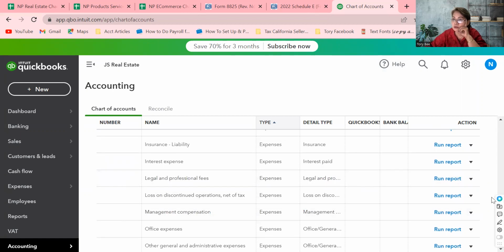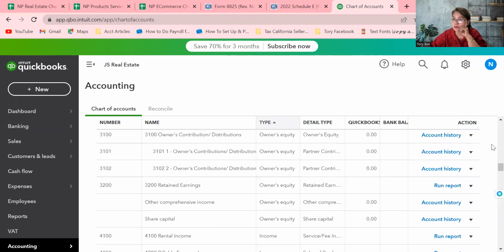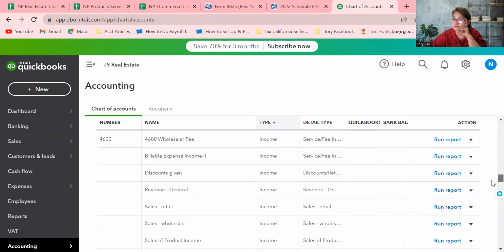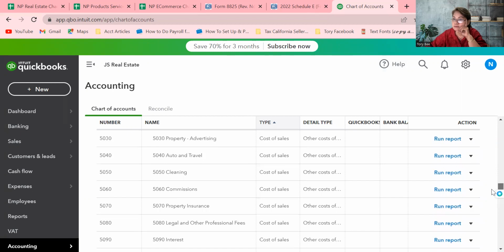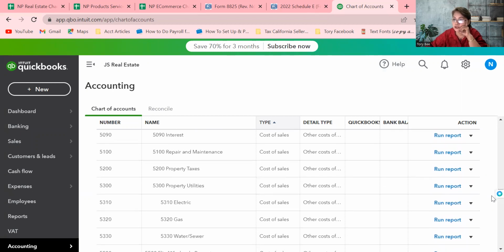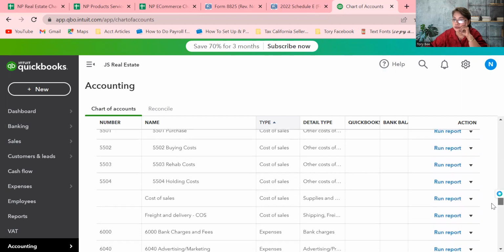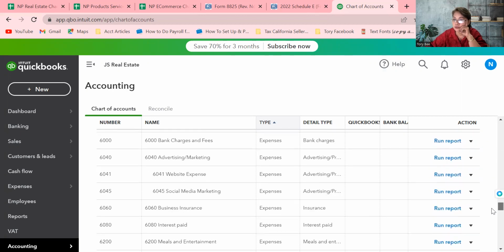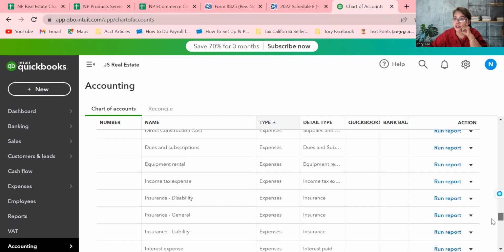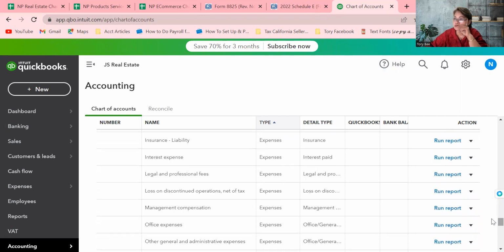Is it this one? We'll try to troubleshoot this. Is this one? I don't think so. Let's experiment. Okay, let's try this.